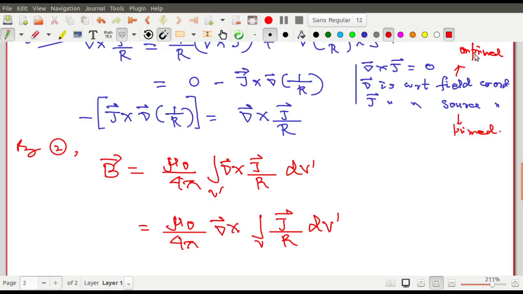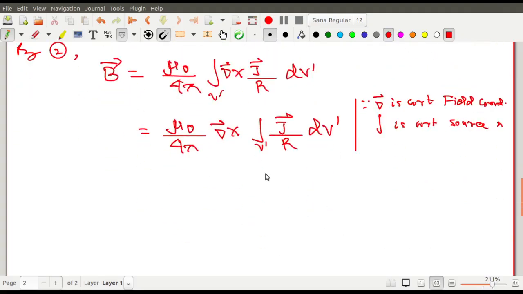You will write the reason over here: this one is with respect to field coordinates, and integration is with respect to the source coordinate. So that is why you can take it outside the integral.